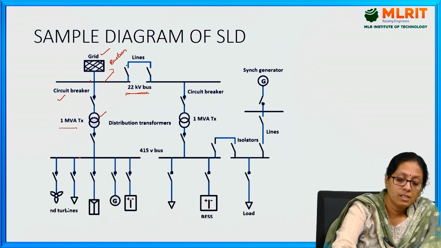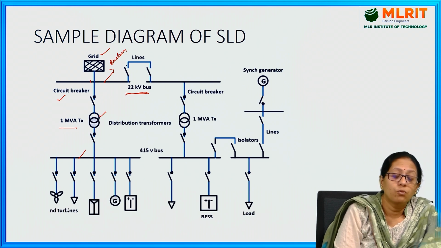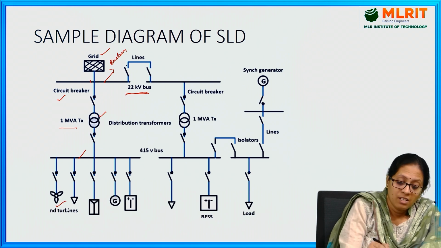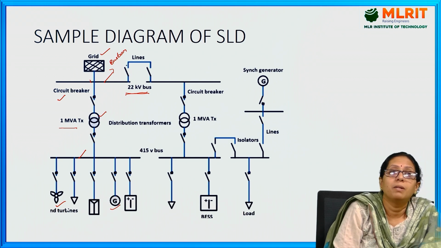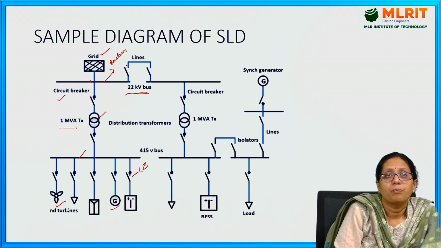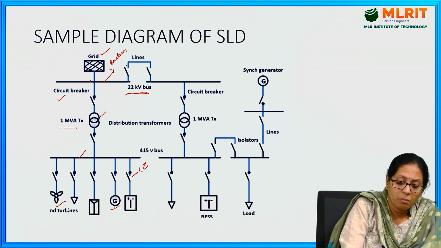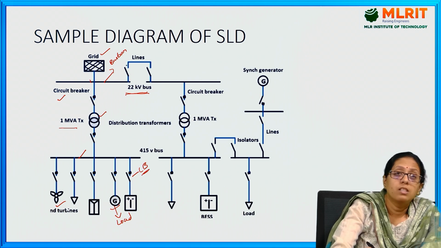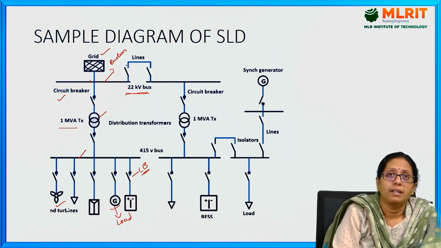From this, another bus bar, and through this bus bar, different types of turbines and generators are connected using circuit breakers again. This is your load, that is the generator or the turbine. Based on the load capacity, different circuit breakers are connected.